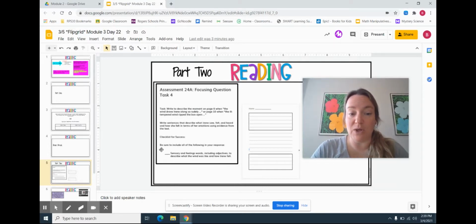But it says, be sure to include all of the following in your response. Sensory and feeling words, including adjectives. Remember, an adjective is a describing word. To describe what the wind was like and how Irene felt. Okay, now you can write this down in your journal if you would like to. You can write it down on a blank piece of paper.